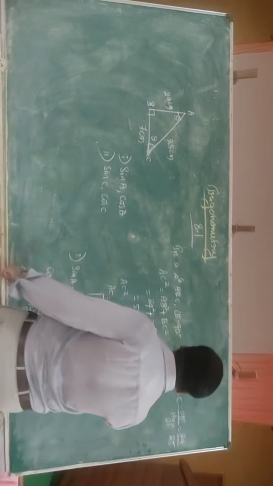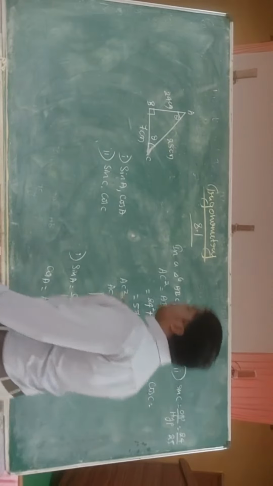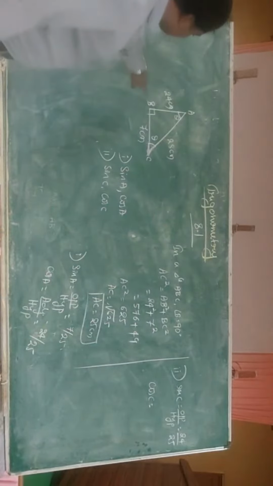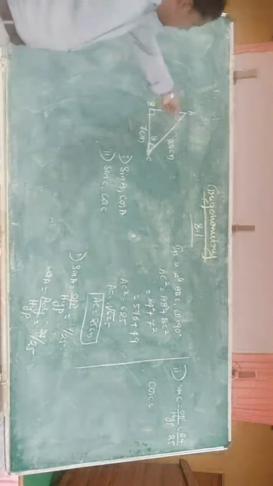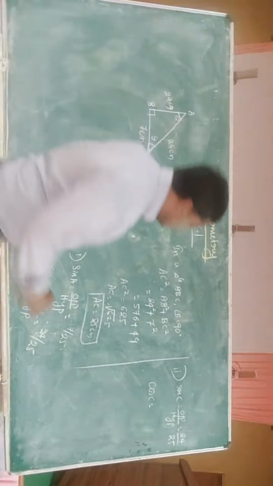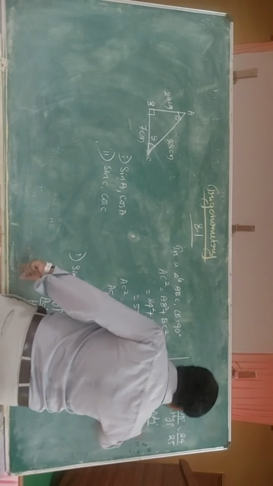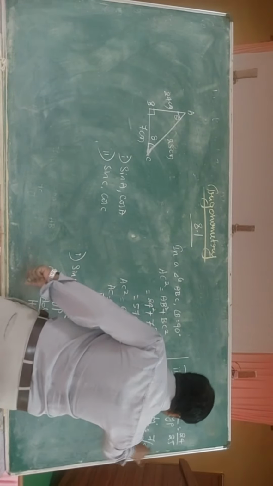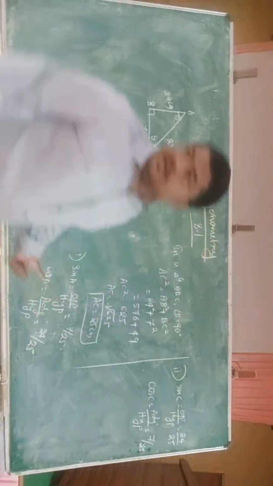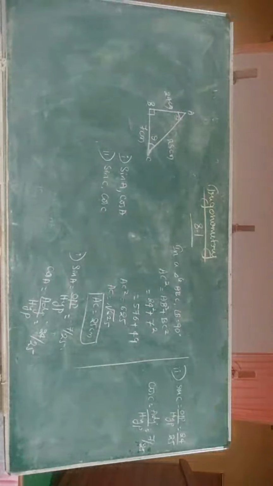Next, cos C is equal to adjacent upon hypotenuse, 7 upon 25. Understood? Any doubts? Do not hesitate to ask the doubts. If you have any doubts, you can ask me now itself. Then later don't say that trigonometry is a difficult chapter.